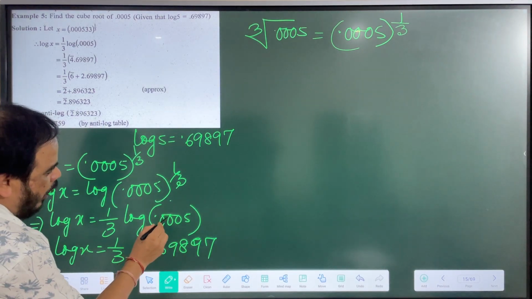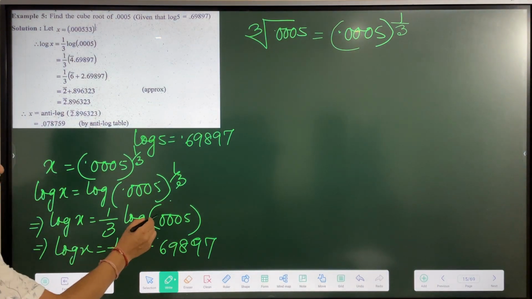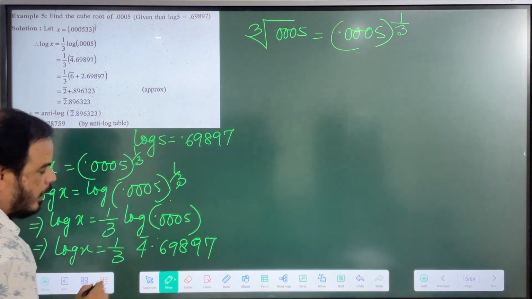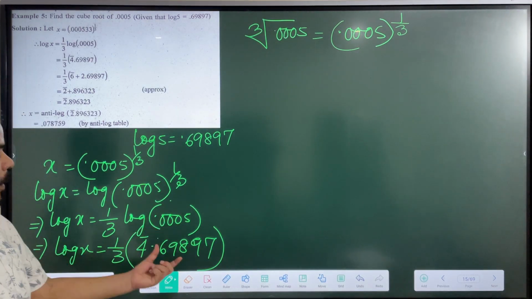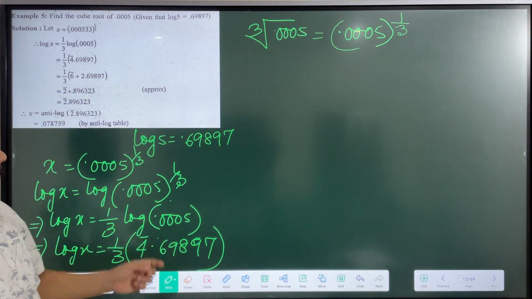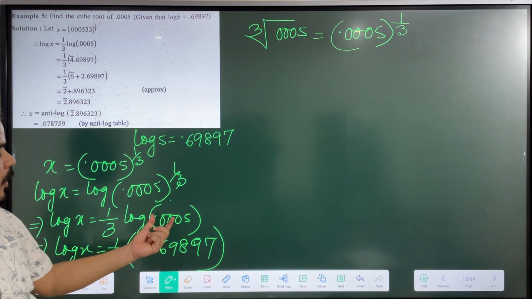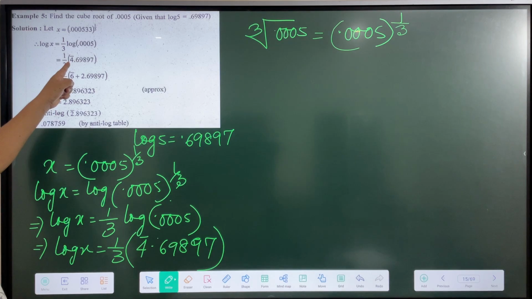After decimal, how many zeros are there? 3 zeros are there. So what will be the characteristic? 4 bar. That we know already. Log 5 value is 0.69897, as it is given here. After decimal, 3 zeros, so characteristic will be 4 bar.